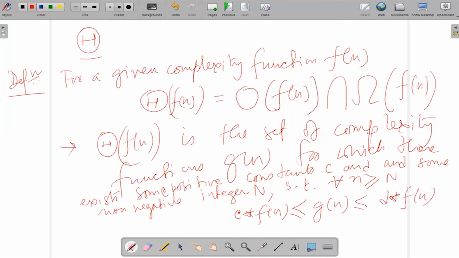Okay. In such cases, Gn is said to be theta of Fn, or Gn is order of Fn.